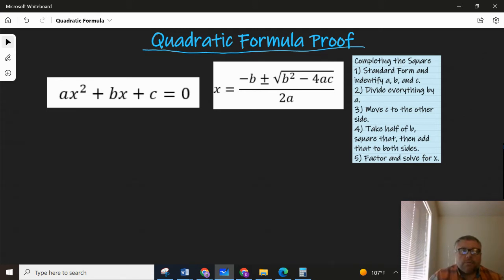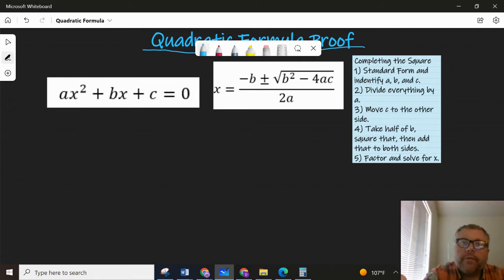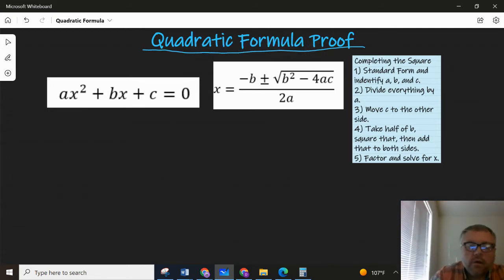But you want to make sure that your leading coefficient is one. Whatever number is in front of x squared, divide everything by that, because you need one in front of x squared. Sometimes it is, not always though. So let's divide everything by a.